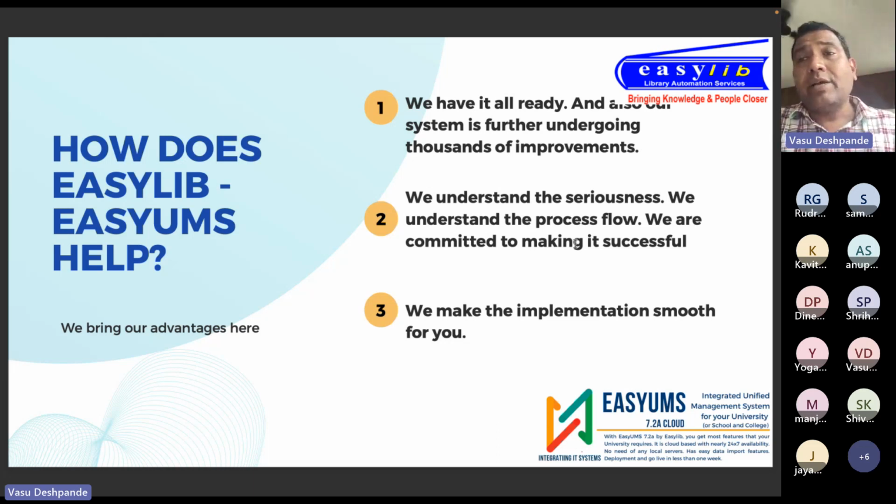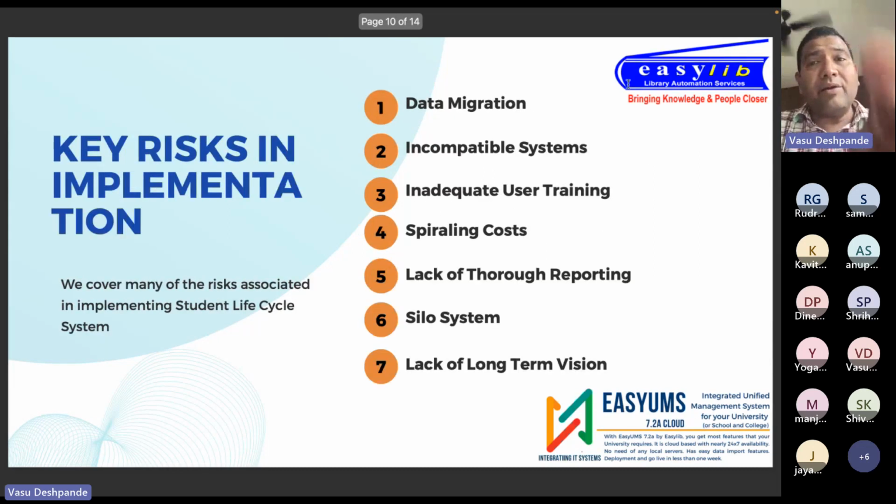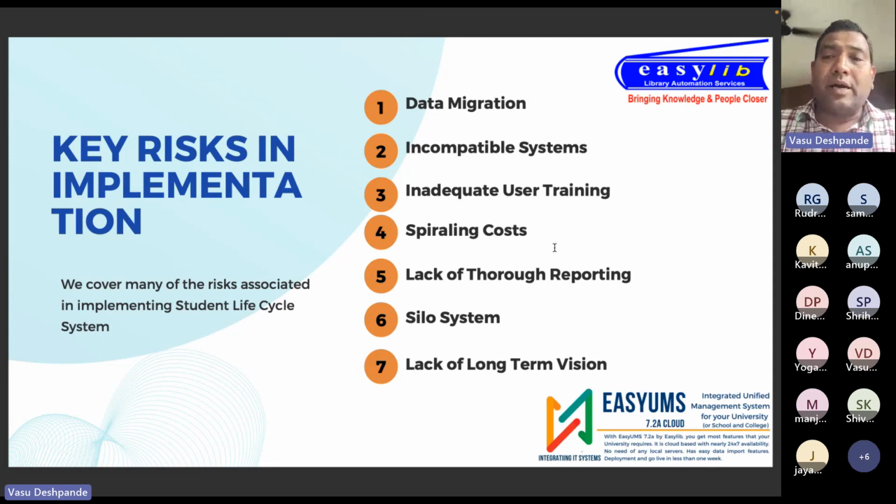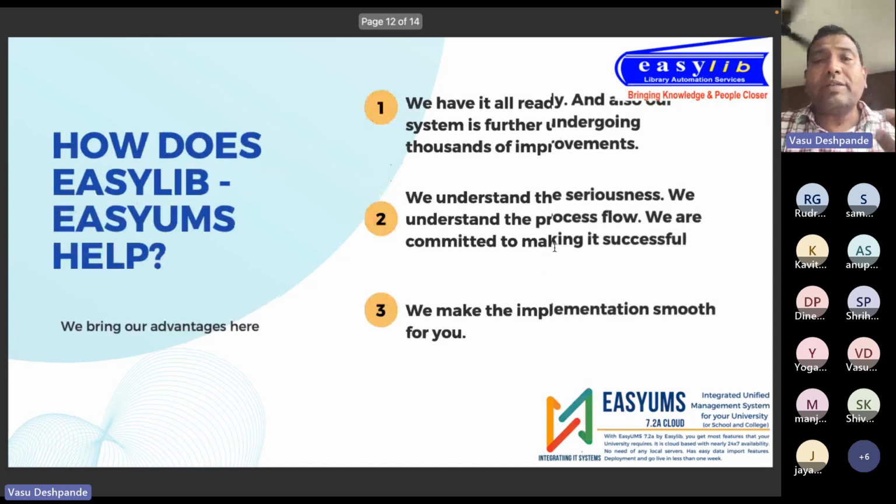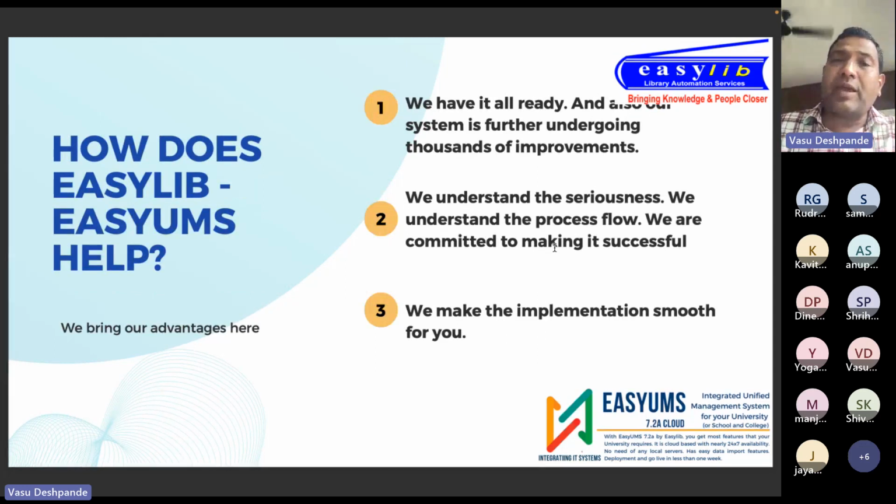Then second is, because we deal with a lot of customers and master data is already there, we do understand the seriousness, the risk that we covered, right? Many of these we have already seen in the library space. And when we deploy this unified management system at a few places, we also see this risk. So over the years, working with the customers, we have definitely got a good understanding of the risks that we face.